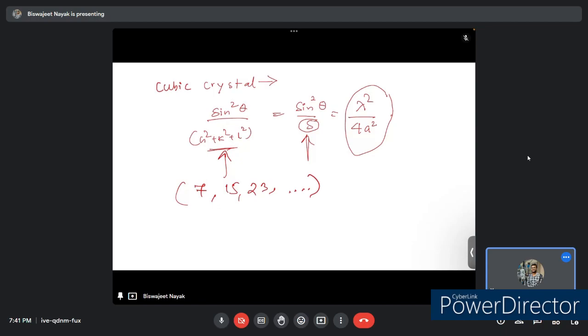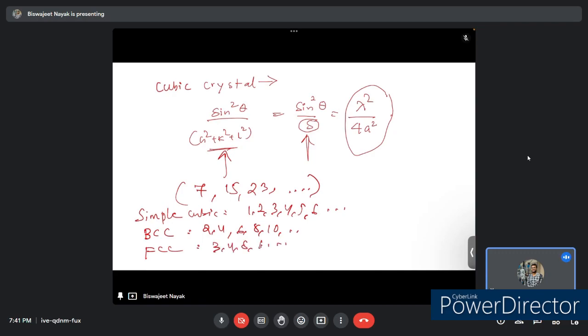As s equals h squared plus k squared plus l squared, s should be an integer, and lambda squared by 4a squared is a constant for any one pattern. The problem of indexing the pattern of a cubic system is one of finding a set of integers for this s which will give us a constant quotient when divided into the sine squared theta values.